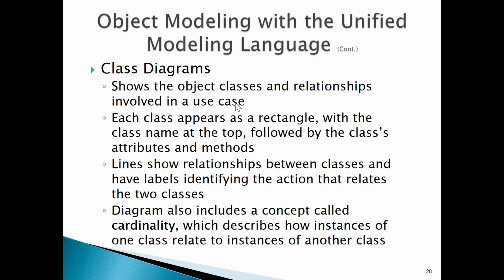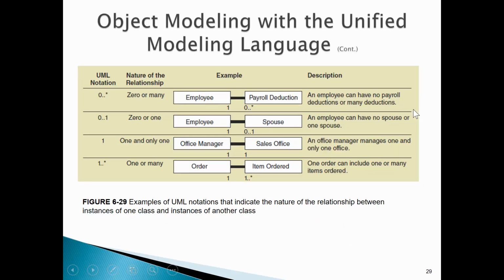So lines show the relationship between the classes. So how are they going to interact? And a diagram also includes a concept called cardinality, which describes how instances of one class relate to instances of another. So cardinality, you might have heard me say in part one, like one to many, for example.